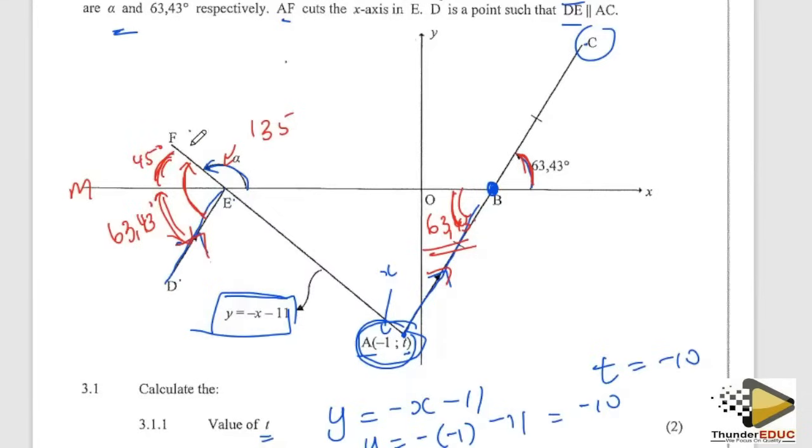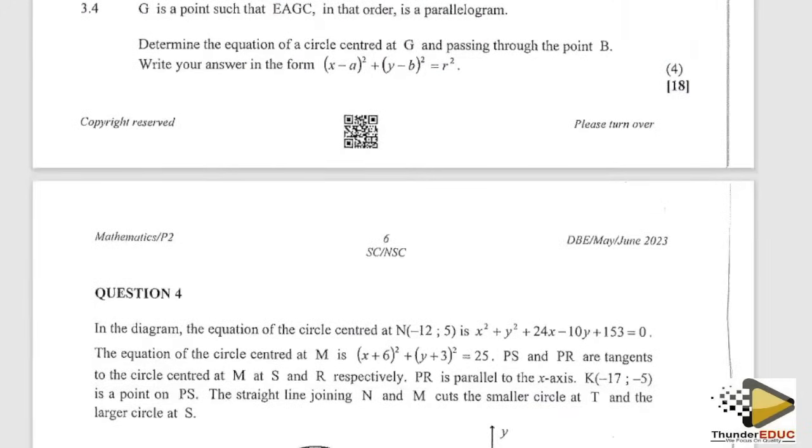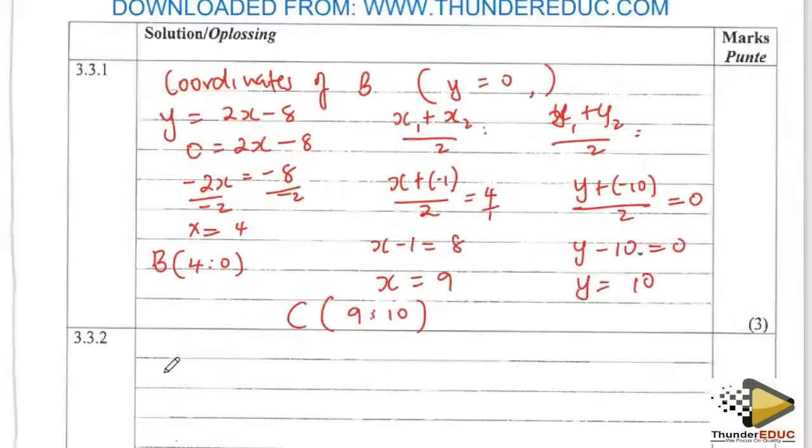Then I can add the two. So I'm going to say MED. Or if not, I can start with OBA. I'll start by saying that OBA is 45 degrees because those are vertically opposite angles.